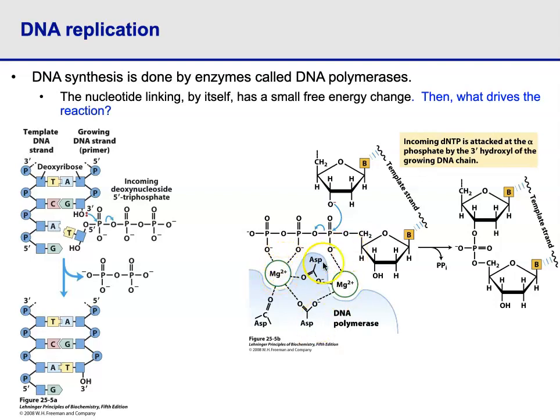And that is because they're part of the active site, and they help the positioning of the nucleotide in a specific orientation, interacting with the negative charges of the oxygen on the phosphate tail of the newly coming nucleotide, and also drawing some of that electron density towards themselves to allow this reaction actually to happen. So the magnesium ions are of critical importance for the success of DNA polymerization.